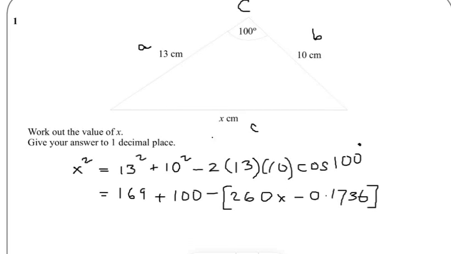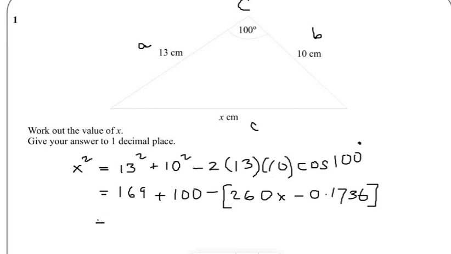All right. And then 169 plus 100 is 269 minus, now 260 times negative 0.1736 gives us negative 45.136.